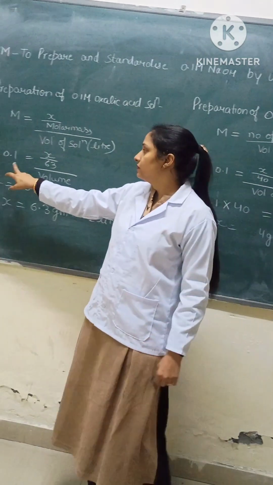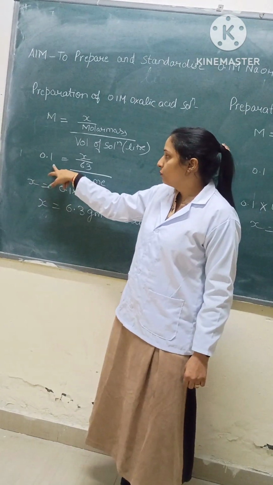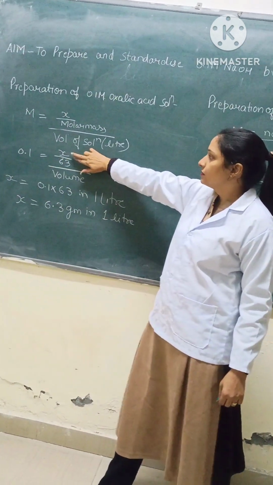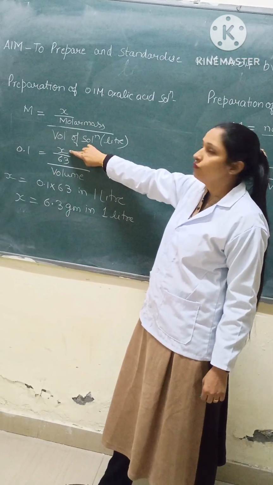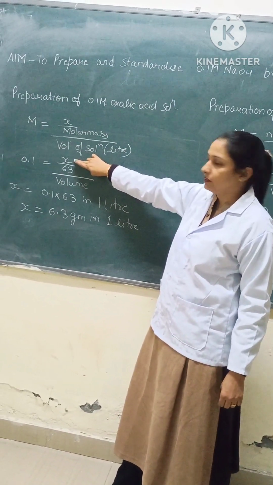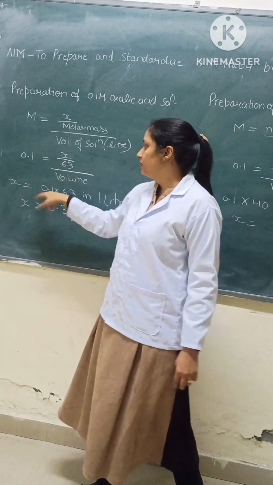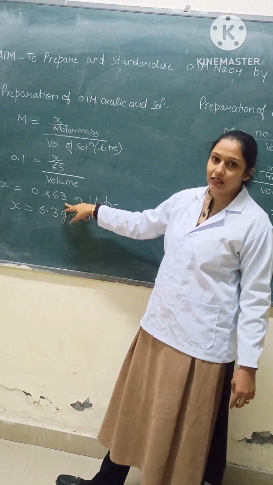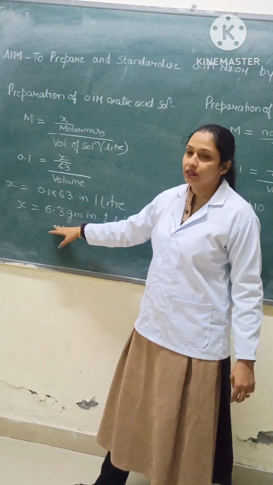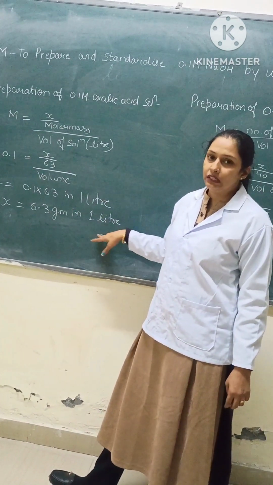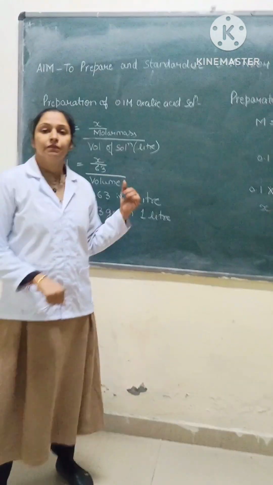As we have to prepare 0.1 molar, here we will write 0.1 molar. X is the amount which we will dissolve in 1 liter, divided by 63 divided by volume. So X would be 0.1 multiplied by 63 in 1 liter. So we get X is equal to 6.3 grams in 1 liter. So we will require 6.3 grams in 1 liter.